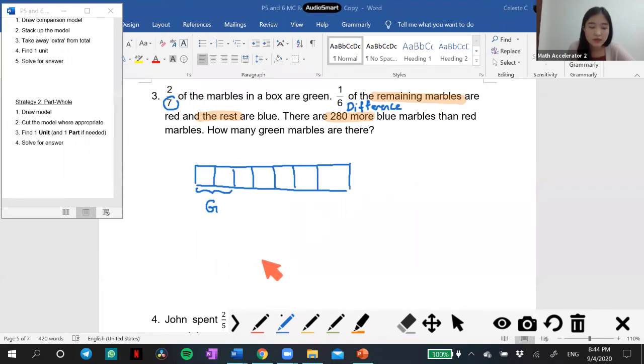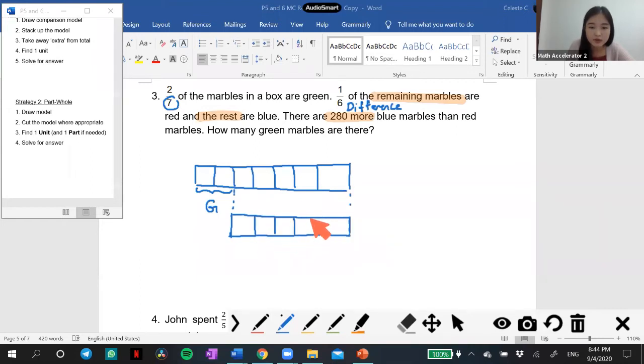No. Am I able to cut? I can cut, but there's too many to cut. So for this question, let's draw a second layer. Yes, right, drop down or pull down. Second layer model.